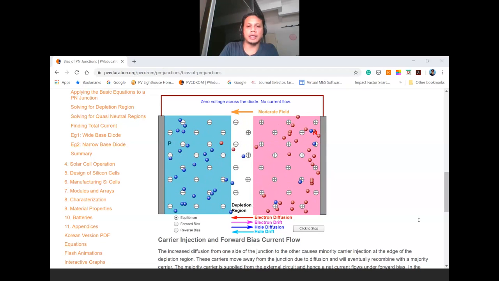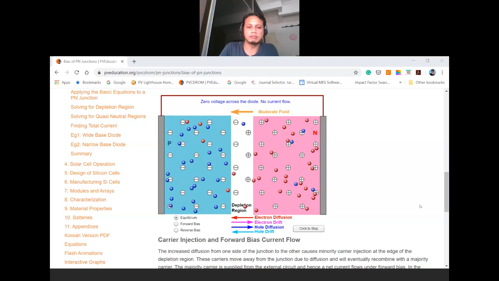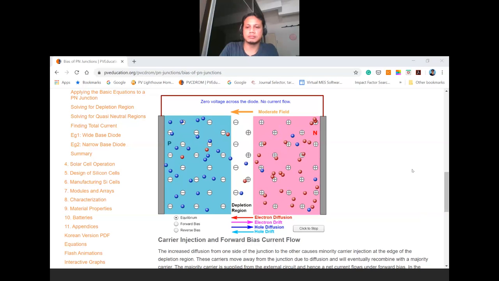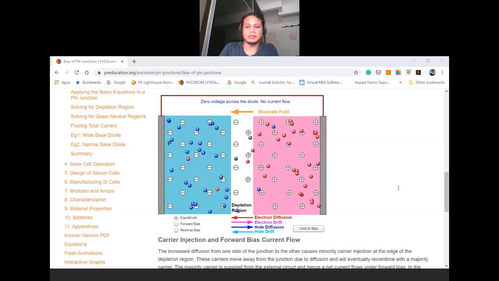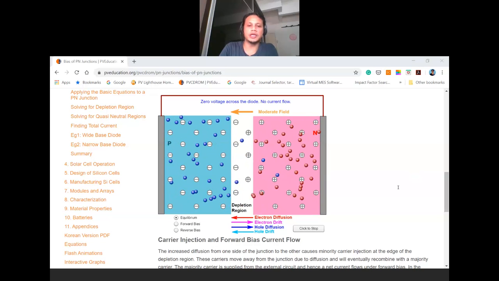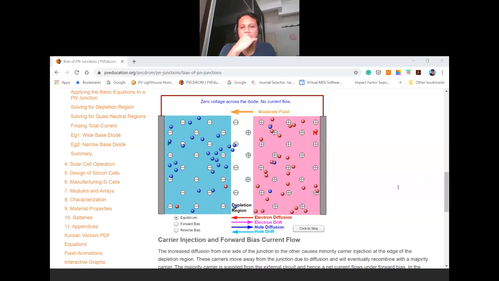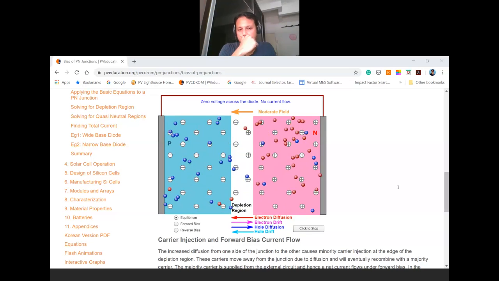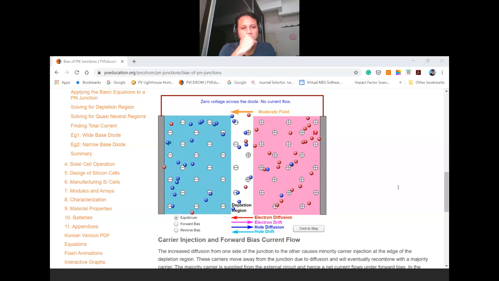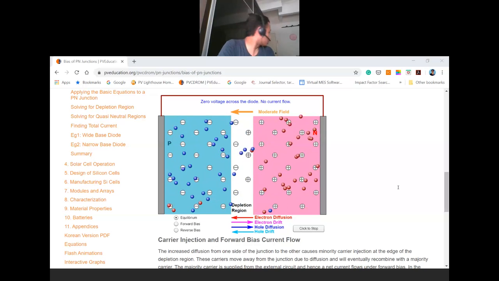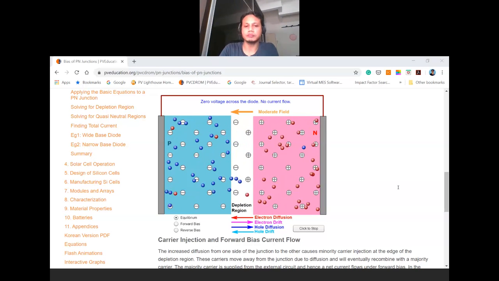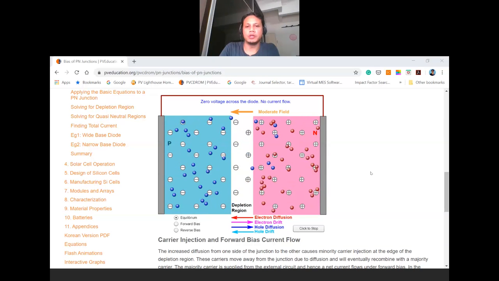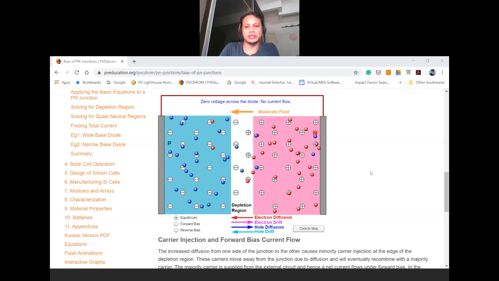Do you see electrons and holes crossing the junction? Yes. Are they supposed to cross the junction? Well, in principle, they're not supposed to cross the junction, right?